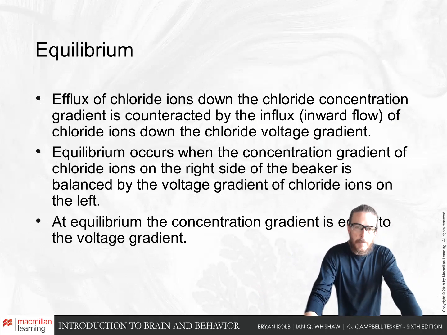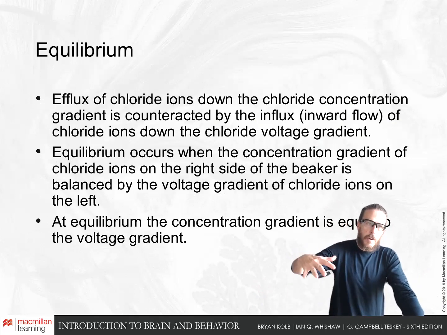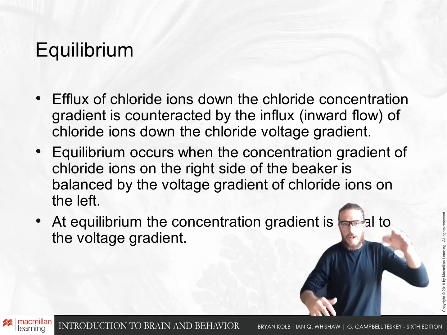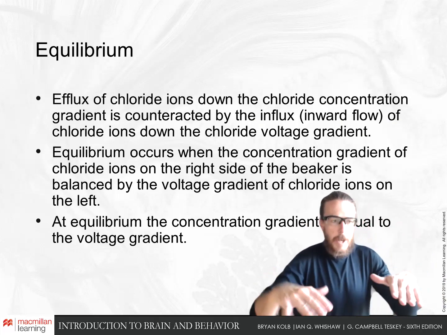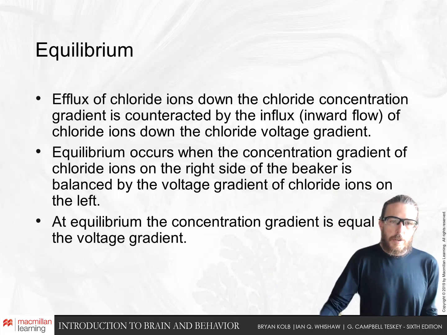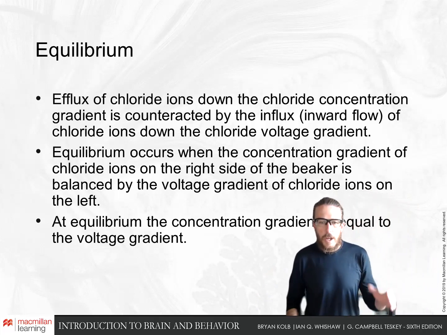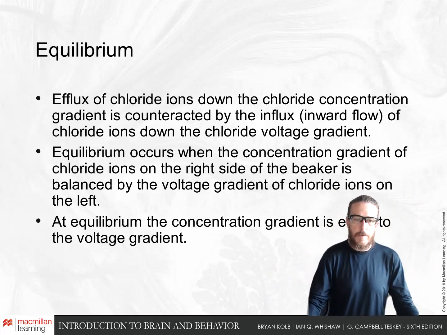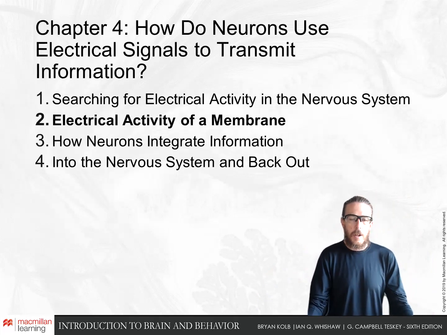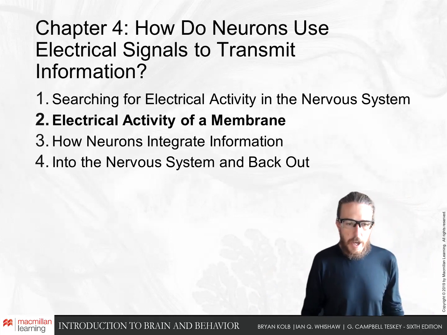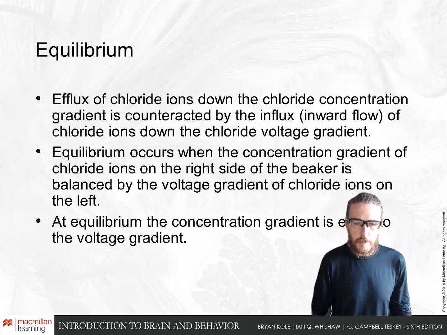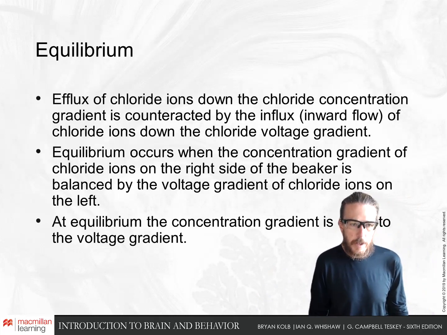And an equilibrium will occur when the concentration gradient on the right side of the beaker is balanced by the voltage gradient on the left side, when they're perfectly balanced. So the concentration gradient will come to be equal to the voltage gradient, and they'll oppose each other perfectly. And Hodgkin and Huxley actually formalized this in a set of equations, which you can learn about if you're inclined.